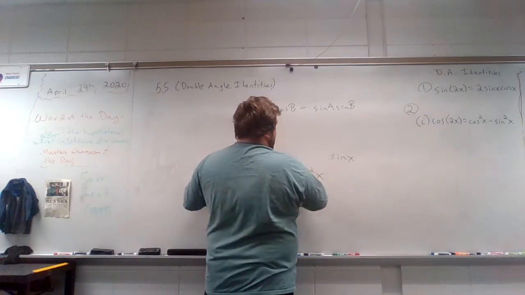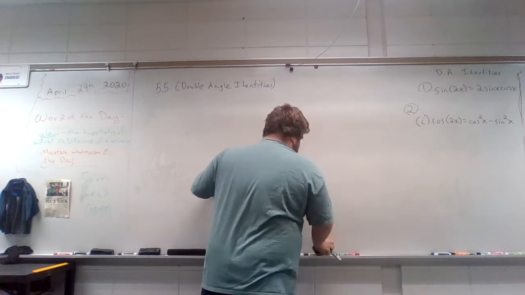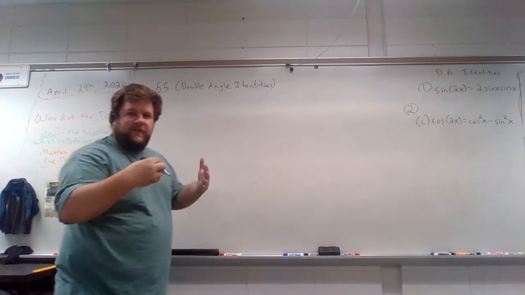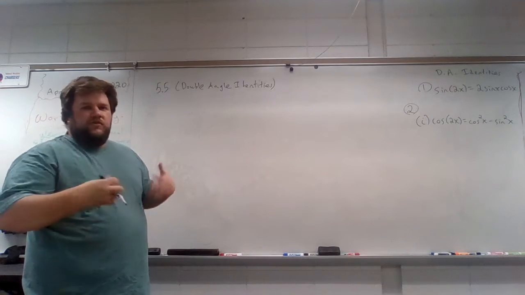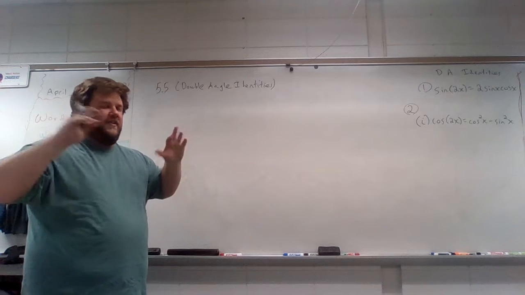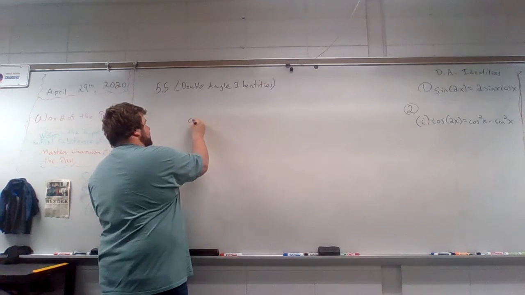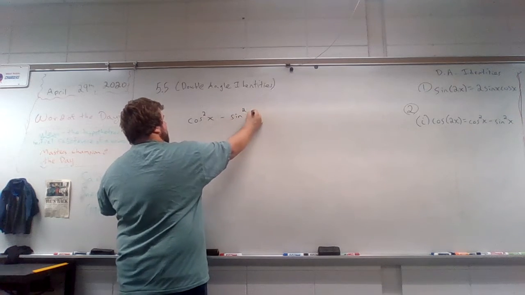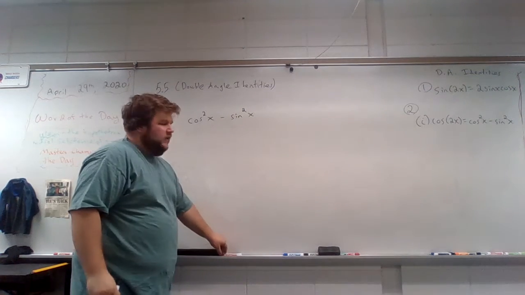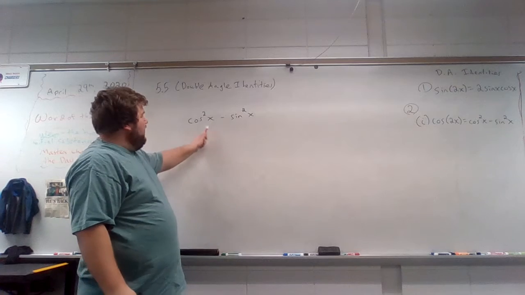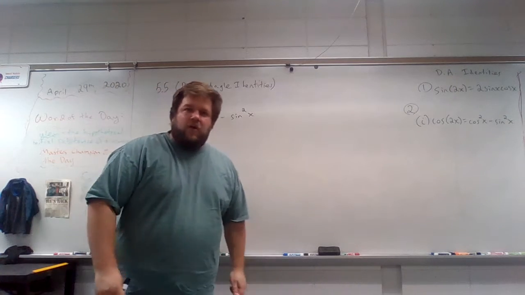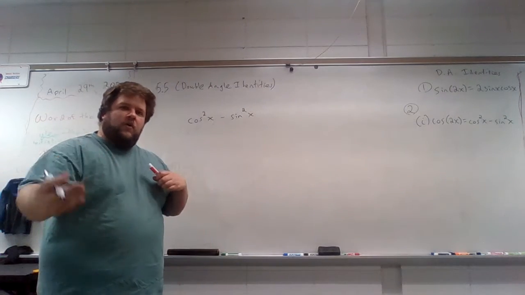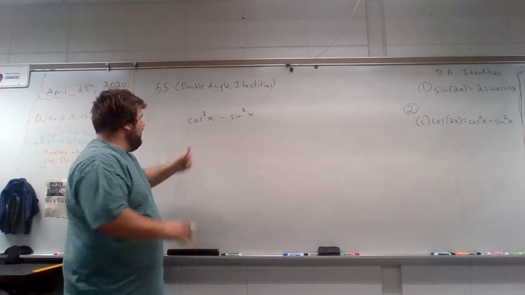But if you know those two, then what I'm about to write here, you should be able to figure out if you happen not to remember or memorize it. I wouldn't really recommend memorizing because we already know how to figure it out. Cosine squared minus sine squared. We want to think about what would happen if I replace the cosine squared with 1 minus sine squared, because it's equal to that.